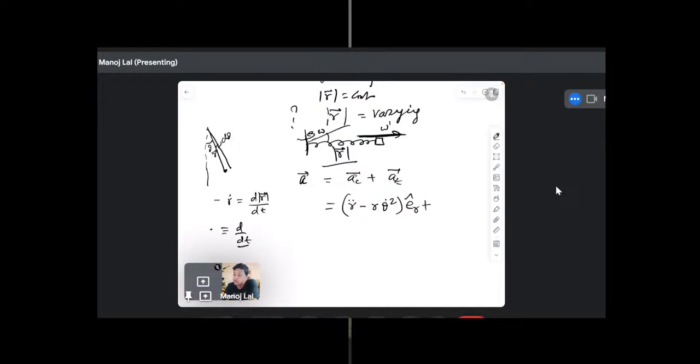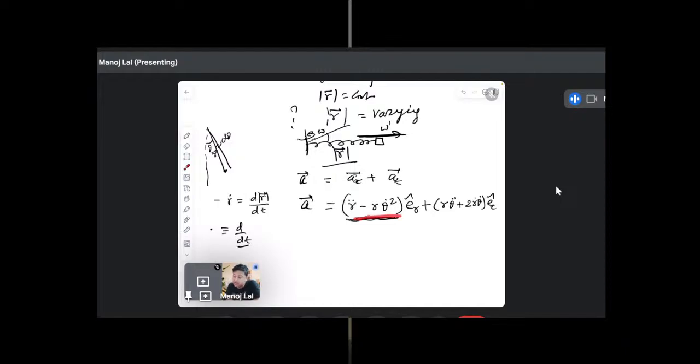plus the tangential part, r alpha. What is r alpha? It is r theta double dot plus 2 r dot theta dot, and then this could be e_t. So in this problem, along the radial direction, this is the radial acceleration.